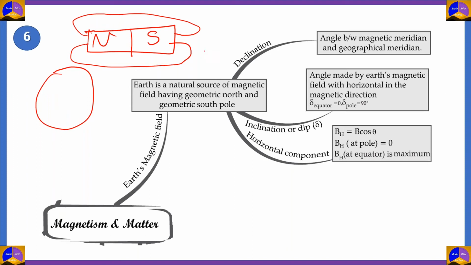So how does the Earth produce its magnetic field? Well, the Earth's magnetic field is produced by convection of iron, nickel, and cobalt, which is present in the outer core.